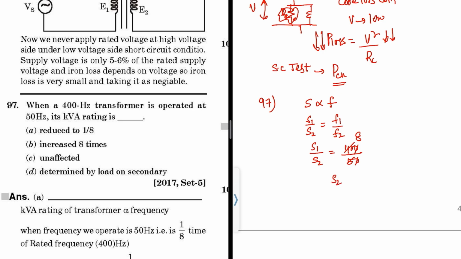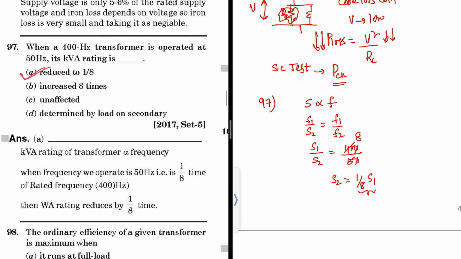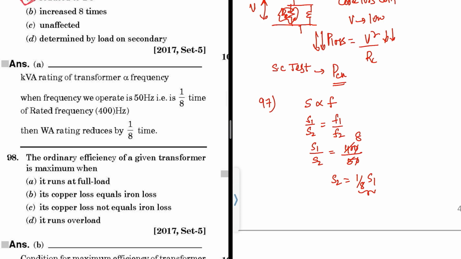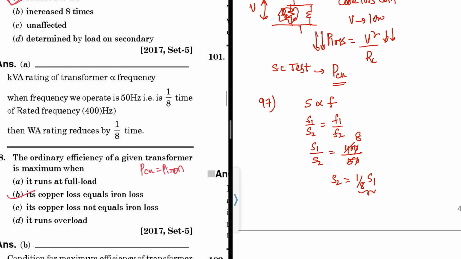So S2 equals 1 by 8 of S1. So it was reduced by 1 by 8th. That is the answer. Next, the ordinary efficiency of a given transformer is maximum when? We know that for the maximum efficiency condition, copper loss equals iron loss. So the answer will be B.